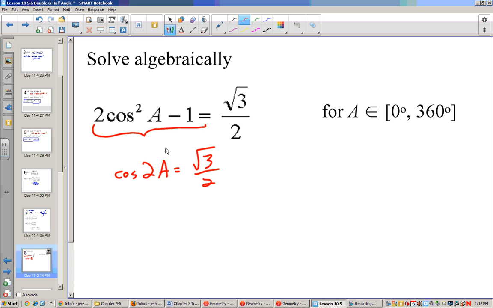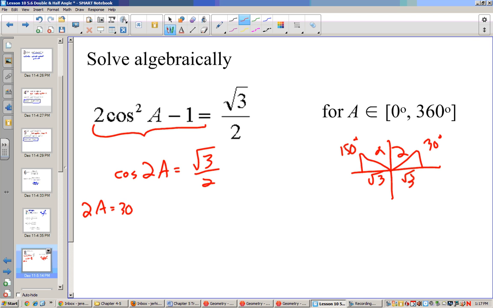Now this becomes just like our previous chapter where we have root 3 over 2, that's a 3, root 3 over 2, and so this would be 30 degrees and 150 degrees. So 2a is equal to 30 plus 360k, and 2a is equal to 150 plus 360k.